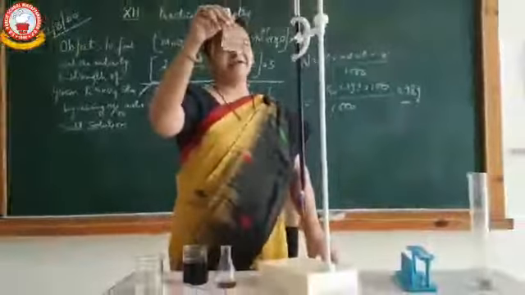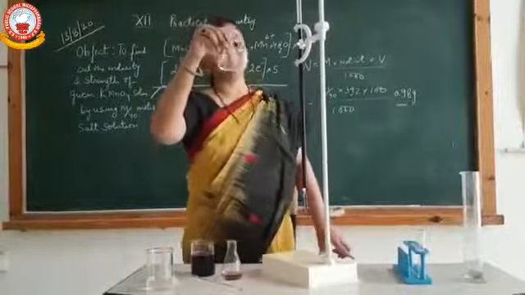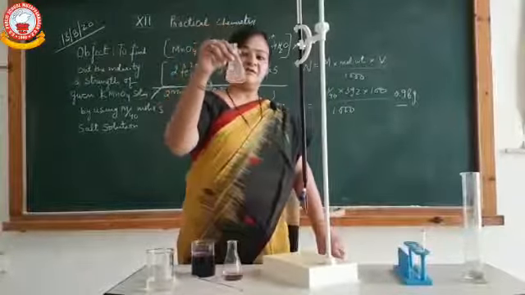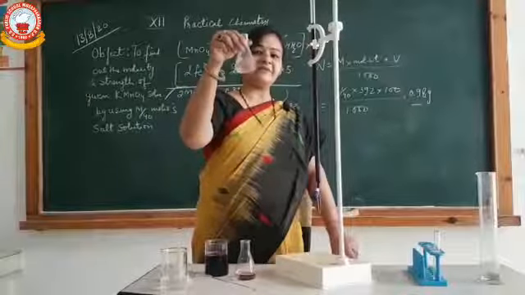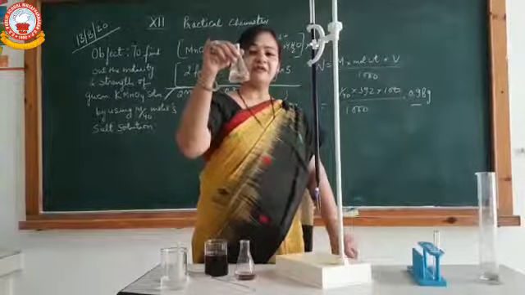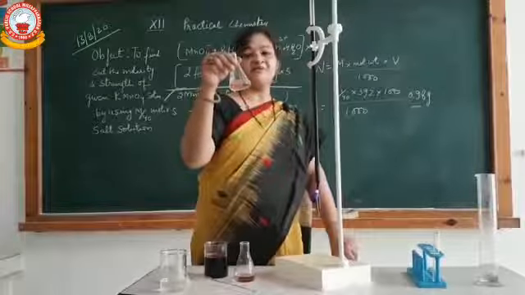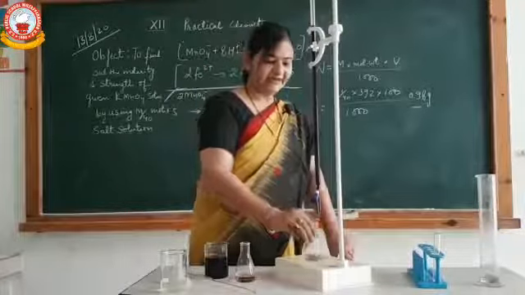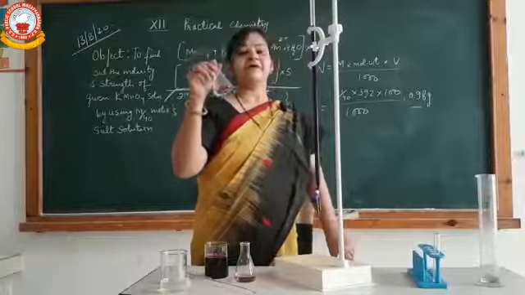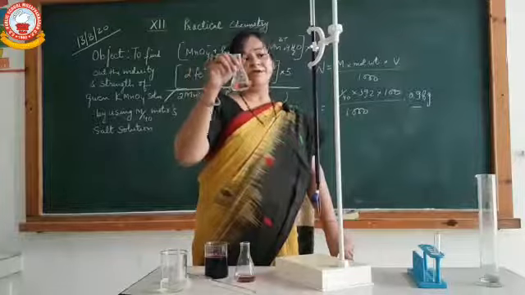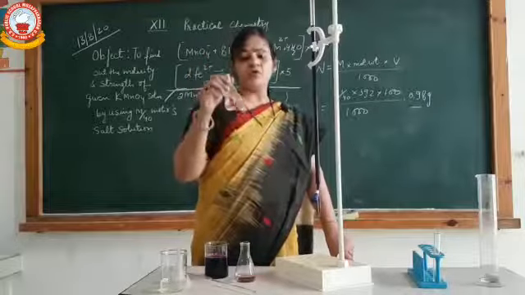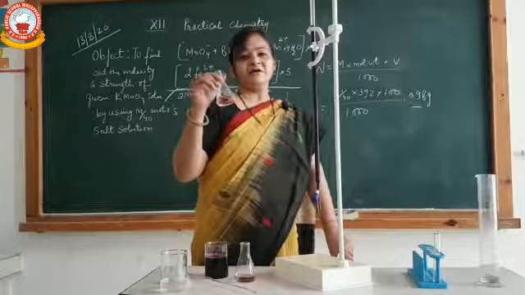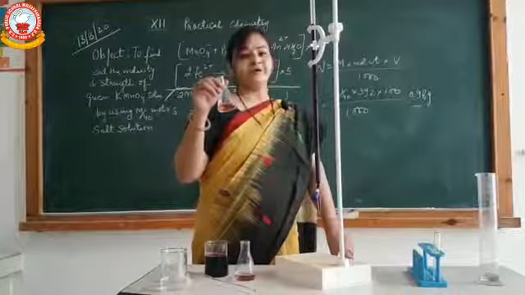You can see that now this pink color is persisting. It is not disappearing, which shows that the redox reaction is completed. You have to just note that reading where the permanent pink color exists, and you will not add more KMnO4 to obtain a dark pink color because it will not be useful for calculation.